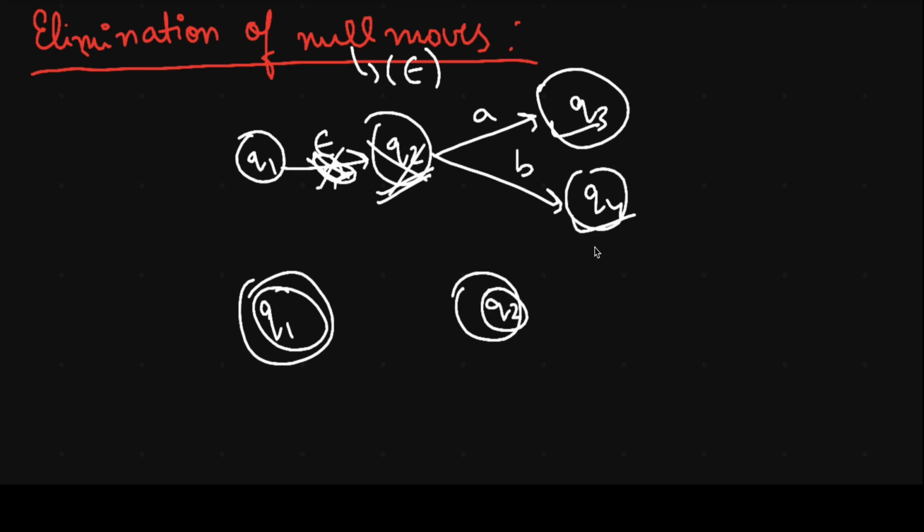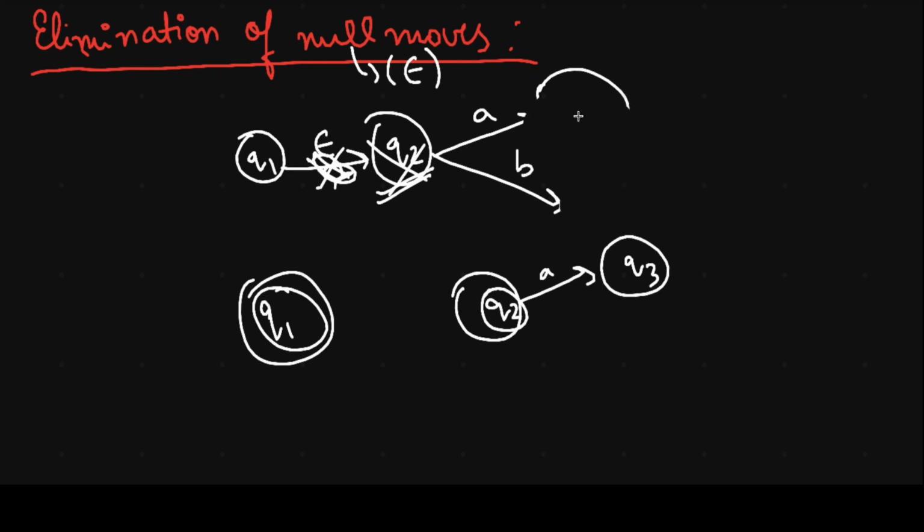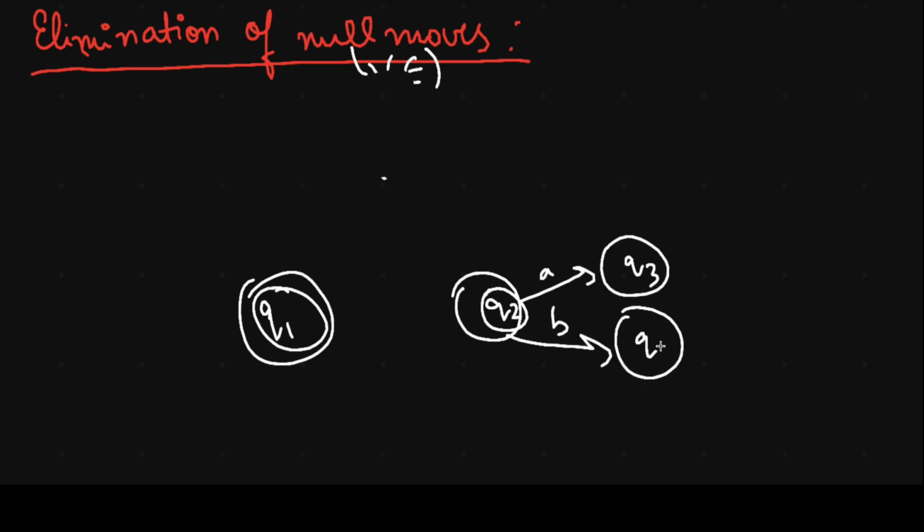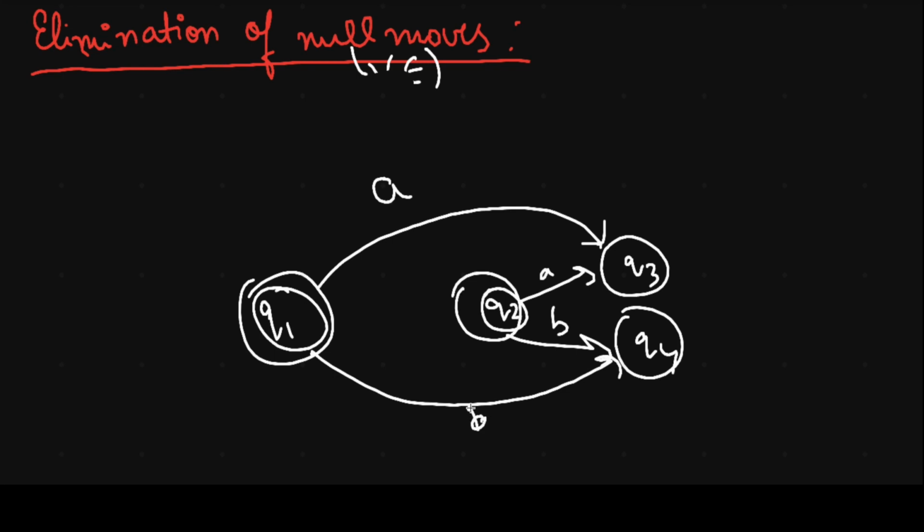So this is Q2, and on A it is going to Q3, and on B it is going to Q4. So try to reach Q3 and Q4 using Q1. On A you can go to Q3 and on B you go to Q4. So this way you remove the null move.